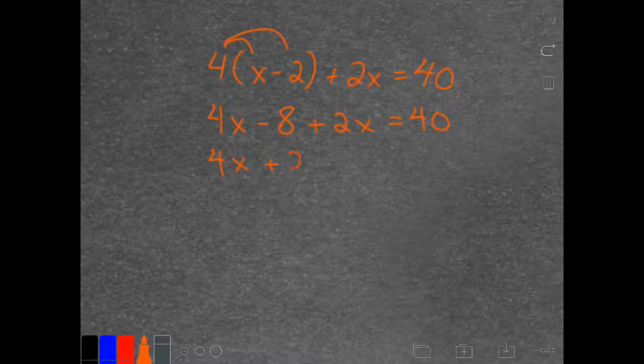Let's group like terms. 4x plus 2x minus 8 equals 40. And then we'll combine like terms to get 6x minus 8 equals 40.